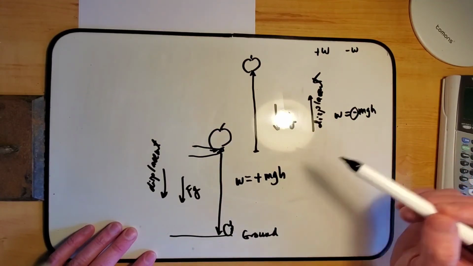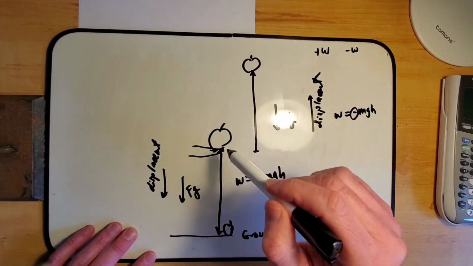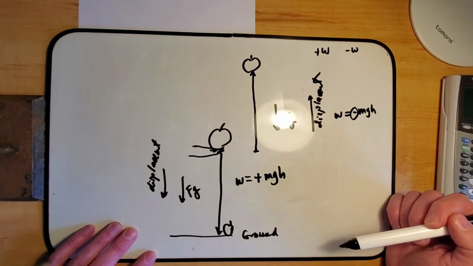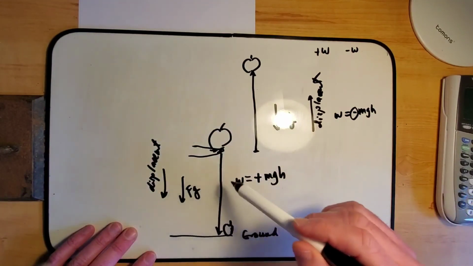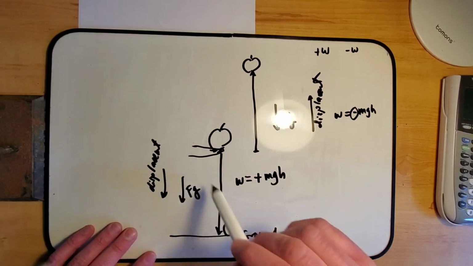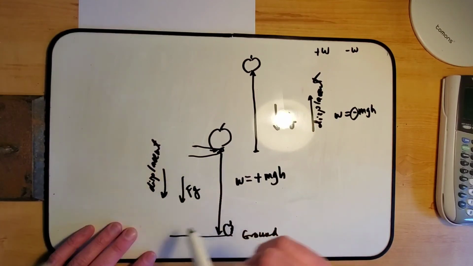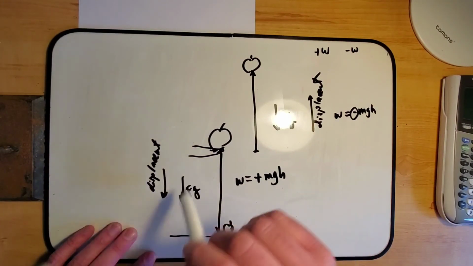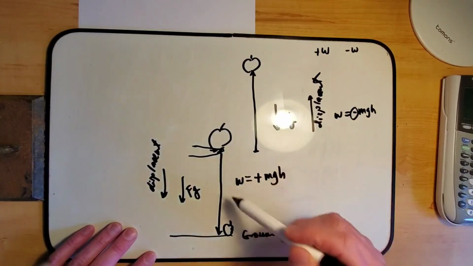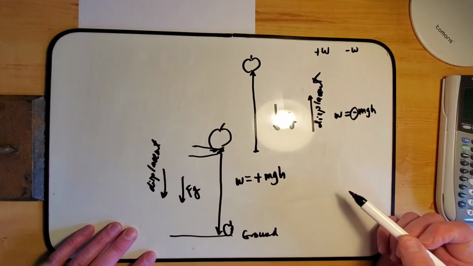On the contrary, when I let the apple go, the force due to gravity is in the same direction as the displacement, and therefore the work is positive.